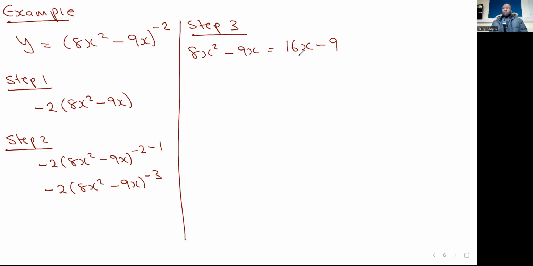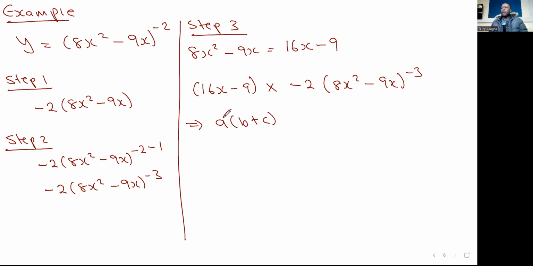Then we have to multiply this with the answer we got from step 2. So it's going to become 16x minus 9 times minus 2, 8x squared minus 9x all raised to the power minus 3. I remember I explained to you when you're opening a single bracket: a times b will give you AB, and a times c will give you AC.